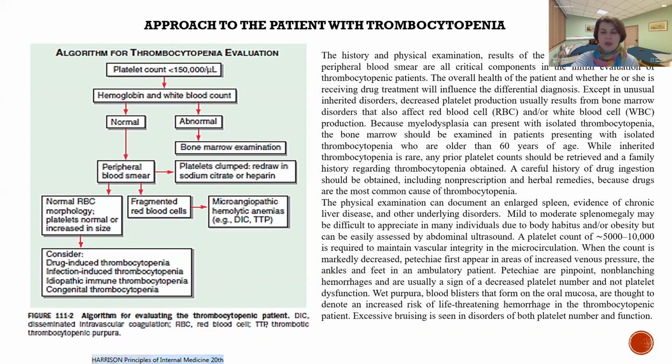Petechiae are pinpoint, non-blanching hemorrhages and are usually a sign of decreased platelet number and not platelet dysfunction. Wet purpura, blood blisters that form on the oral mucosa, are thought to denote an increased risk of life-threatening hemorrhage in the thrombocytopenic patient. Excessive bruising is seen in disorders of both platelet number and platelet function.